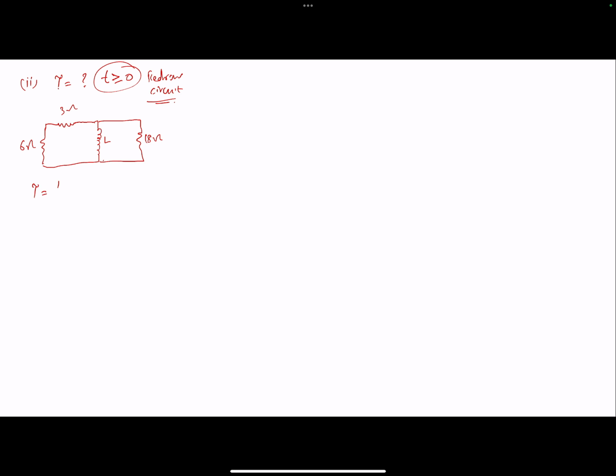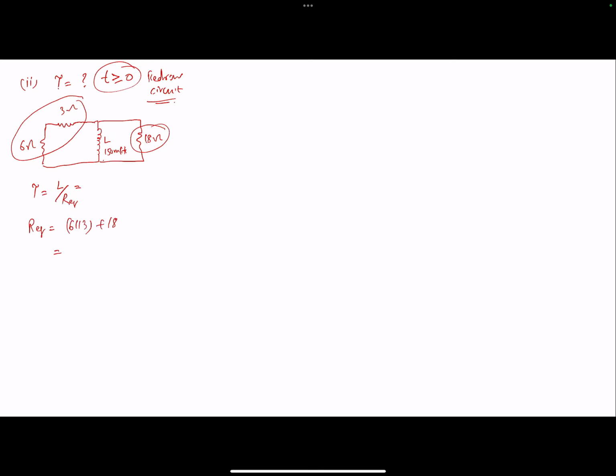Tau, we know, is equal to L over R. The value of L is 150 millihenry. Let's find R equivalent here. I can see that 6 and 3 are in series, which is in parallel with 18.